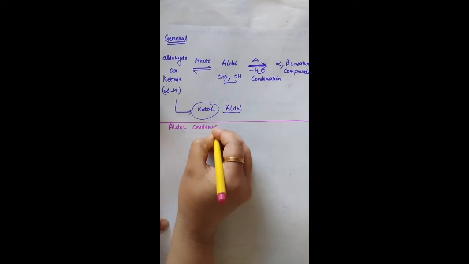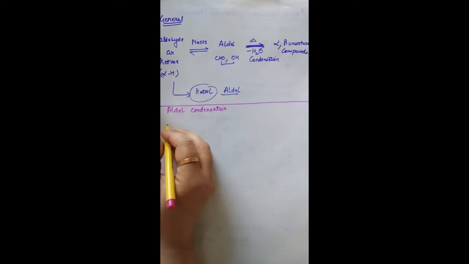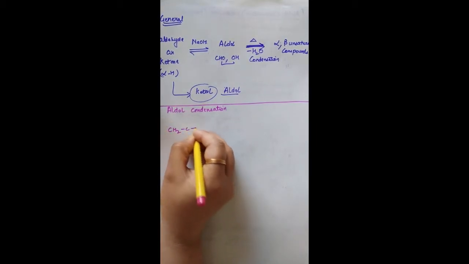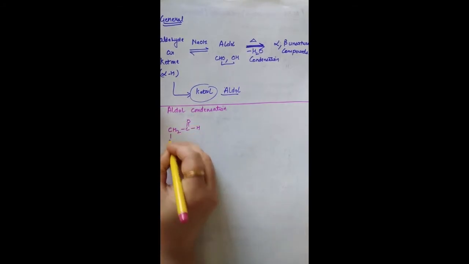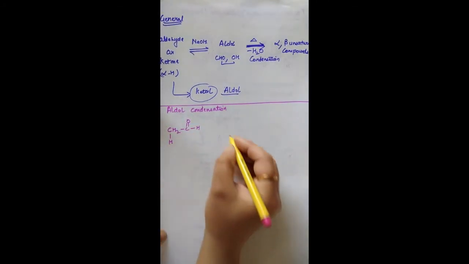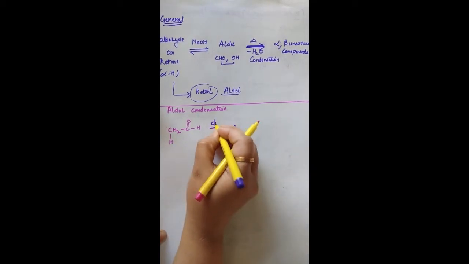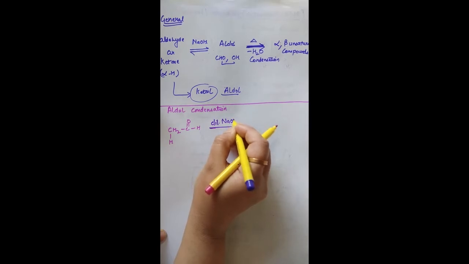So the example which we will take is acetaldehyde. So this is acetaldehyde. Now what will happen in the presence of dilute NaOH?